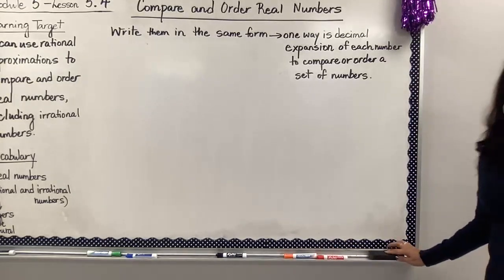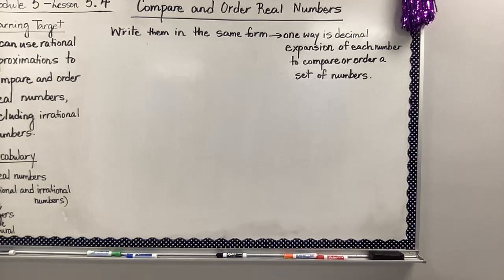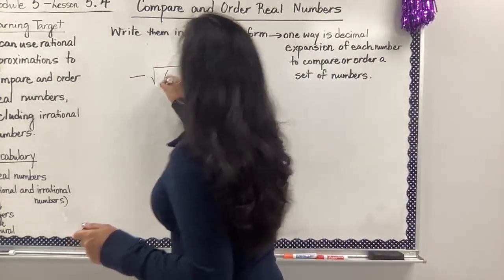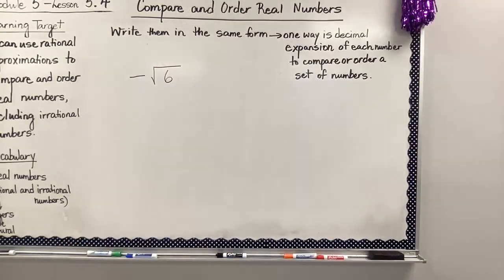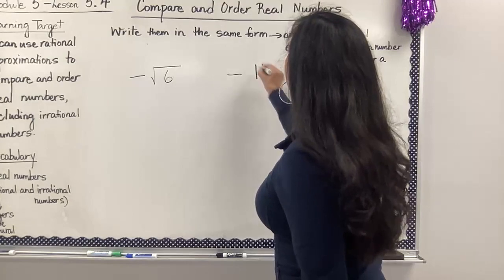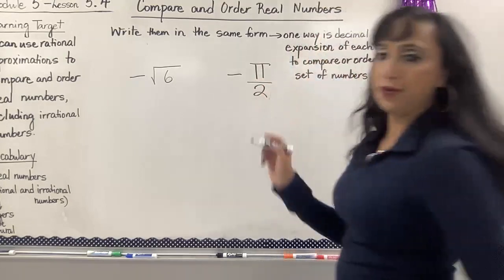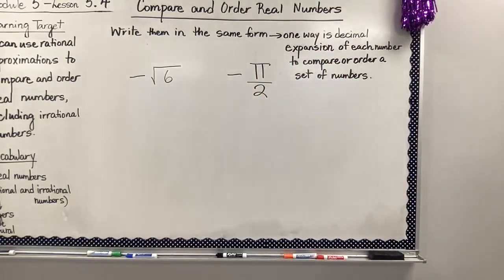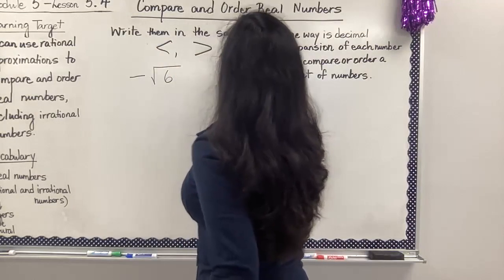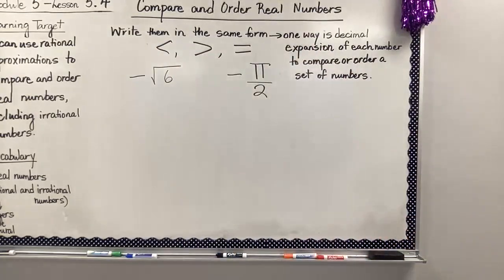If I say negative square root of 6, and I say negative pi over 2, which symbol would it be? Would it be this? Would it be this? Which would we use to complete this statement to make it true?